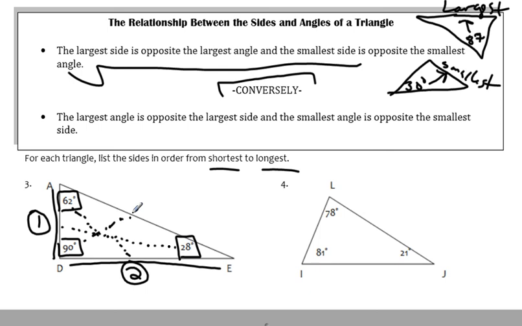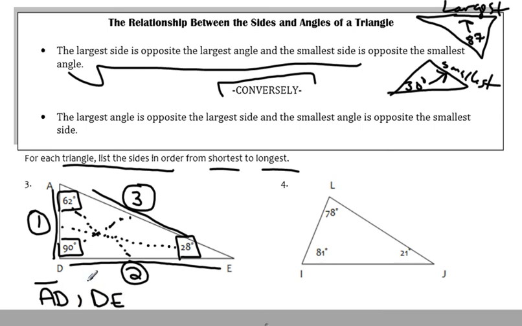I go across from it, and that's AE. I put the largest number in the sequence, 3. So listing the sides, I have them 1, 2, 3. So side AD is first, side DE is second, and side AE is last, smallest to largest.